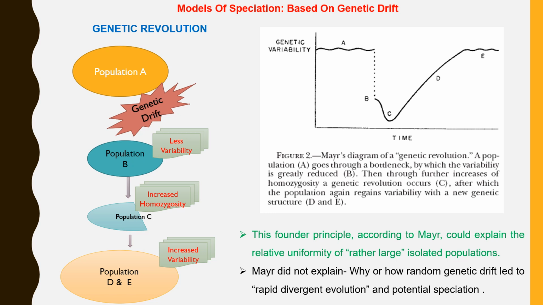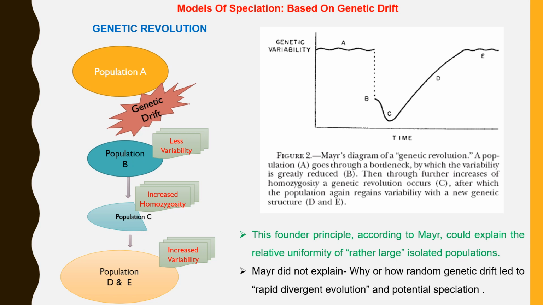With time, the population acclimatizes to the new environment and grows in size to form a relatively uniform population represented by population C. Increase in homozygosity occurs due to genetic revolution.